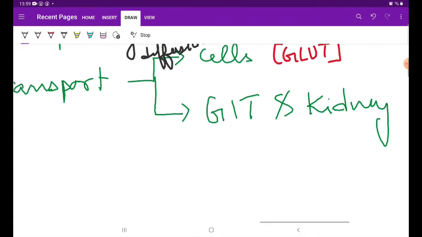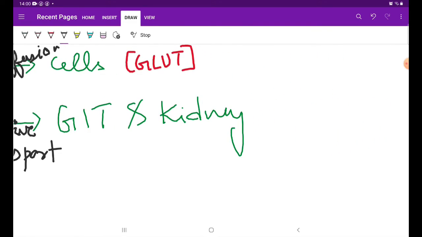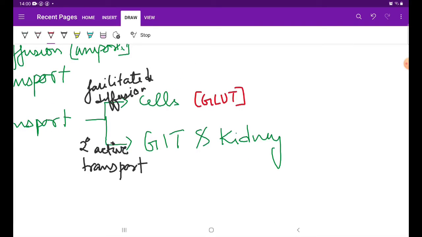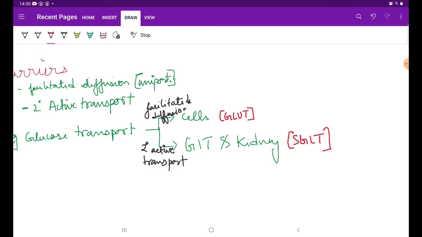But in the case of GIT and kidney, secondary active transport happens. Just like the GLUT helps in facilitated diffusion of glucose into the cell, here instead of GLUT it is SGLT. So these are the things we have to keep in mind.